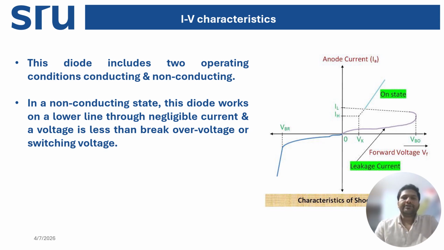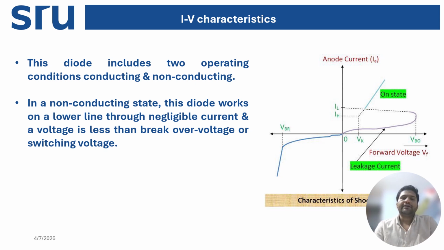This diode operates in two main conditions: the non-conducting state, that is the off state, and the conducting state, that is the on state. We can see in that picture the x-axis denotes forward bias voltage, and the y-axis in this IV curve denotes anode current.